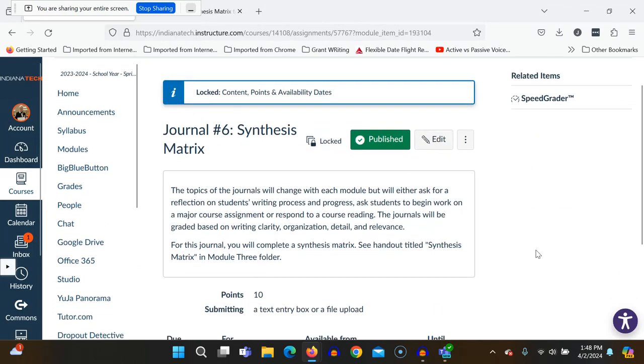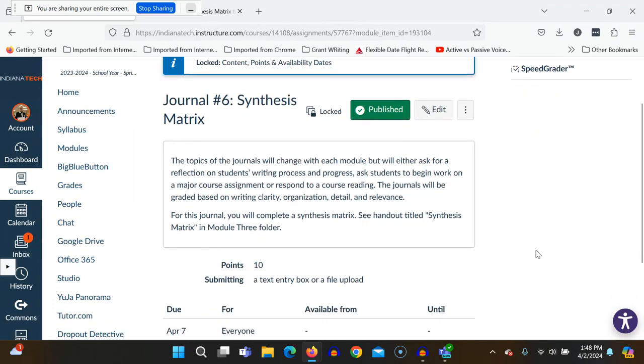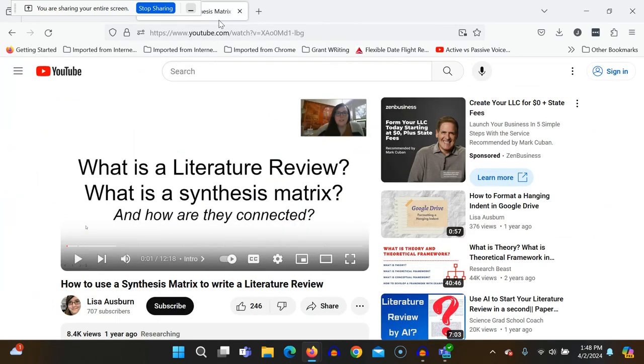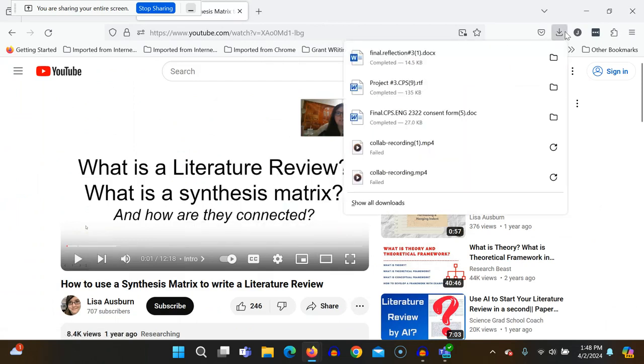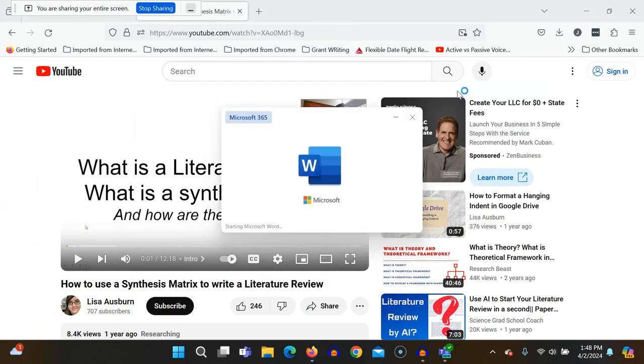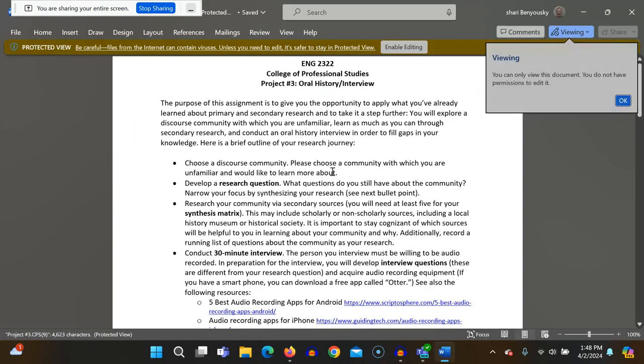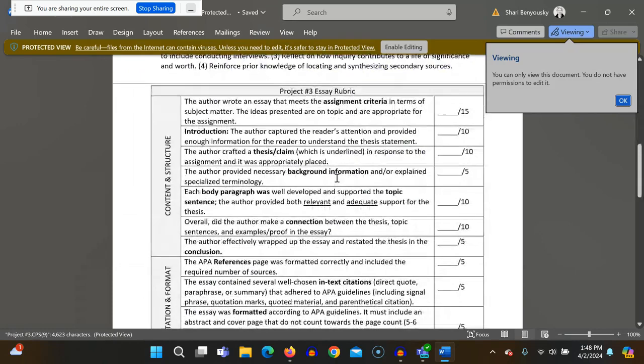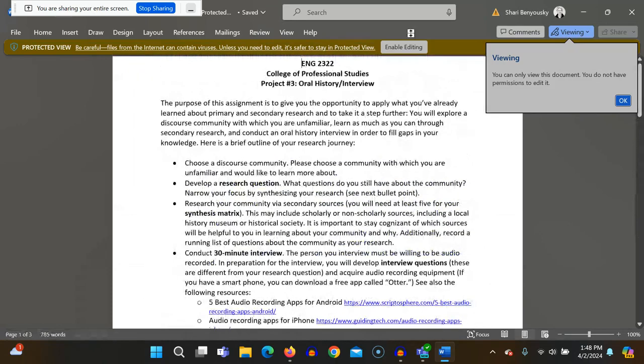All right, so the synthesis matrix, we've gone over this in the past, but this is really a way of making your research work better. So actually, let me pull up the matrix. I think we have it here. No, I do not have it up here.